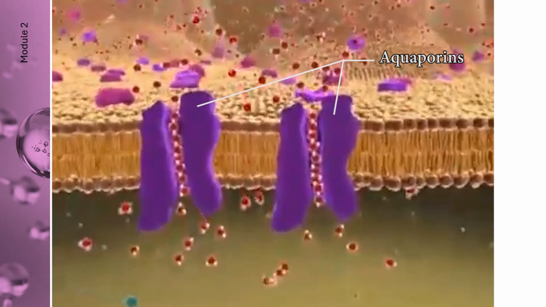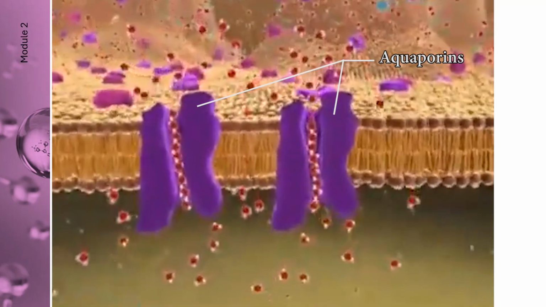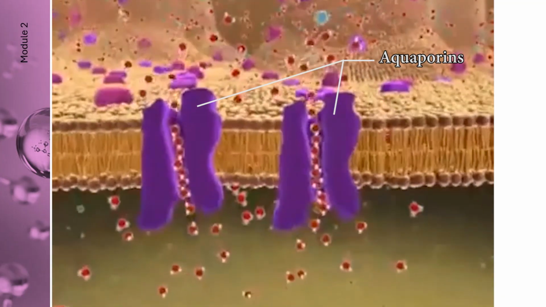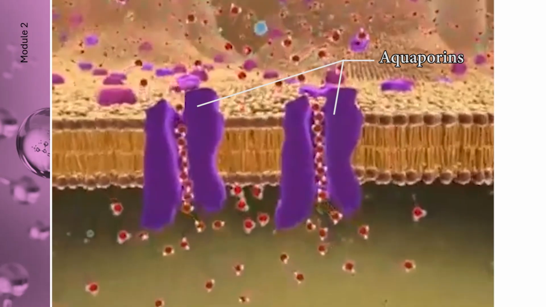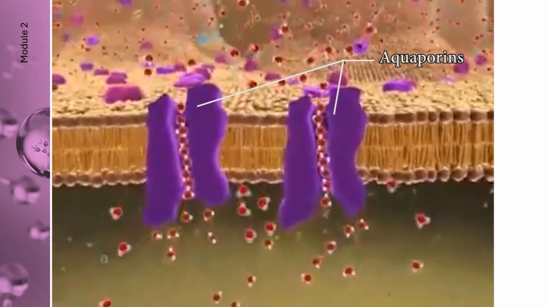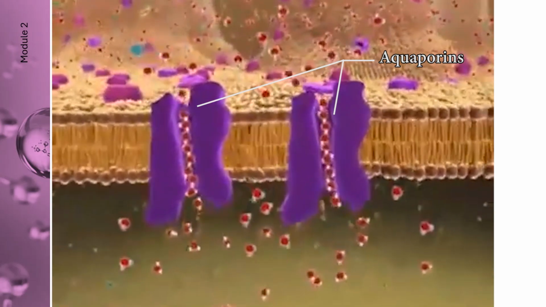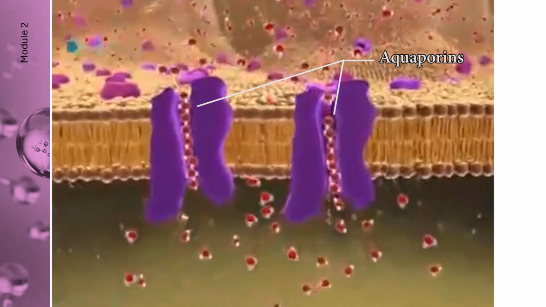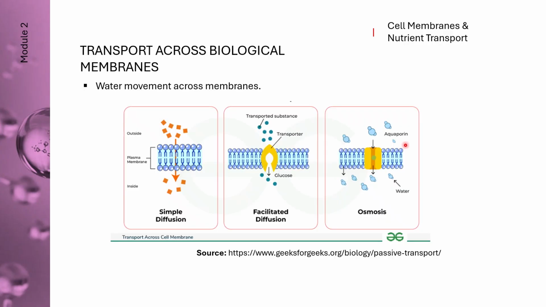Aquaporins. So aqua for water, pours like P-O-R-S. Aquaporins for water. These are special proteins. When we're thinking about the special transport protein, we talked about transporters earlier on, and we differentiated membrane transporters from membrane enzymes. Do you recall?